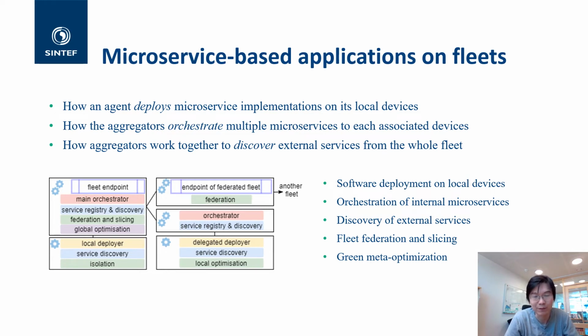So we came up with the idea first that orchestration has to be done in the reverse way. Instead of using a central node to orchestrate all the microservices in the application to the devices, it has to be the other way around.